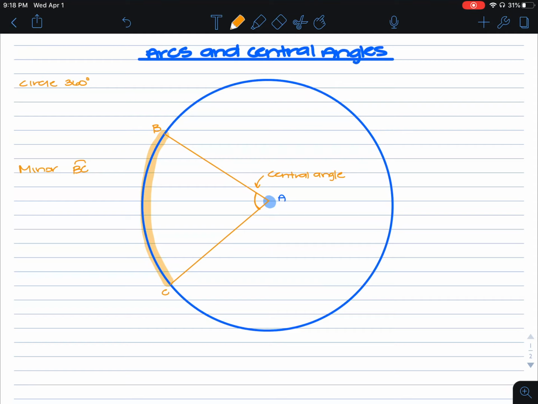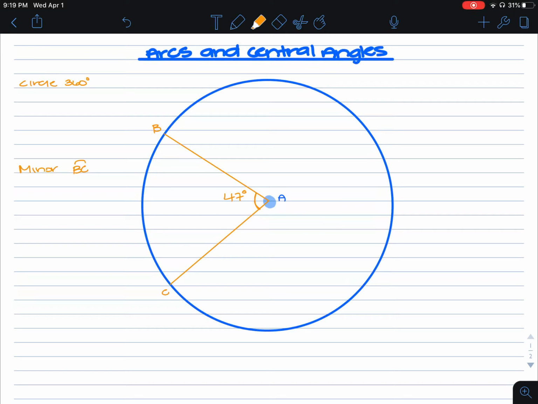Okay, so let's talk about how to find the measure. Let's say that my central angle was, let's go 47 degrees. So that angle right in here, 47 degrees.